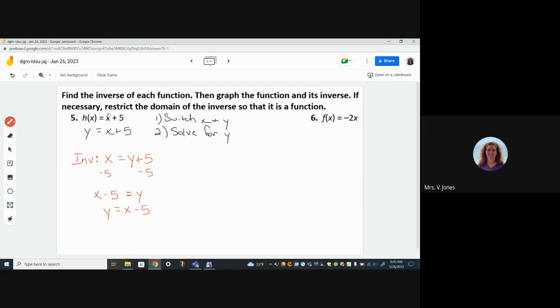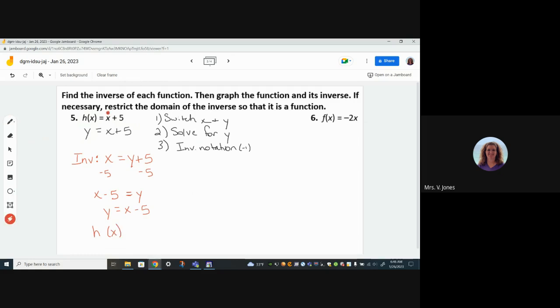And the last step that you want to do is write it in inverse notation, which means you're going to have a little -1. I'll put that as a reminder. So instead of y, just like originally we had an h of x and we changed to y, now we need to change back to the h of x.